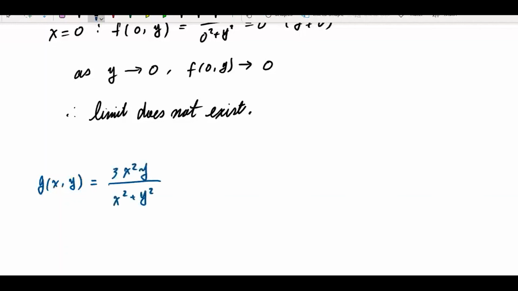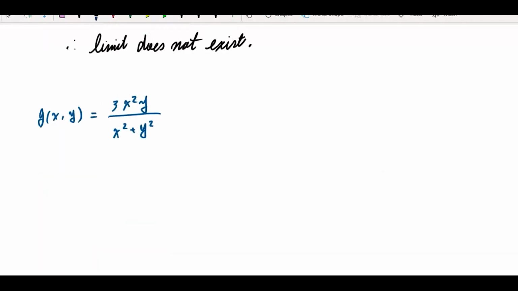Shall we examine this a little bit? Okay, so if x is equal to 0, we have g of 0 comma y. What do you have? You have 0 over y squared, which is 0.